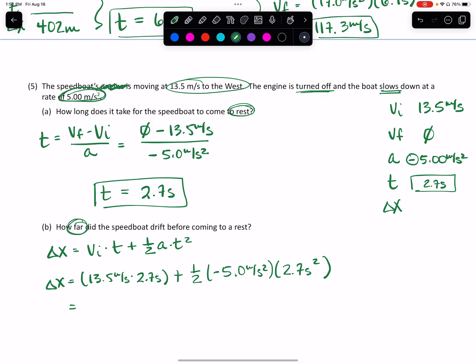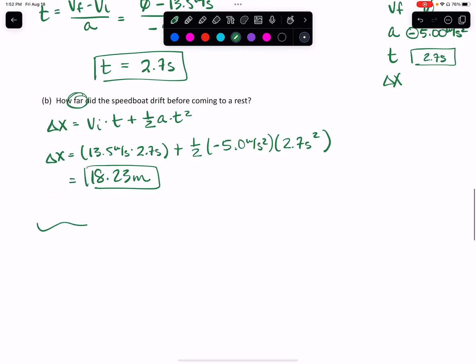If we plug that in and finish up our math, don't forget this 1/2 portion on the right is going to be negative, so you're going to subtract that at the end. You should end up with 18.23 meters. So that's how far the boat drifted as it bled off that speed and came to rest.